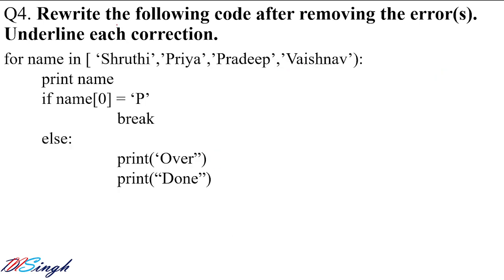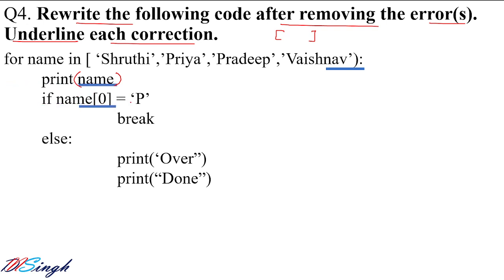Next question is like: rewrite the following code after removing the errors, underline each correction. Same way, let us scan the first line and you see here we are having a parenthesis in the list. So list should be enclosed in the square brackets. So that is my first error identification. Next, in print statement the brackets are not available, so that is the second error.